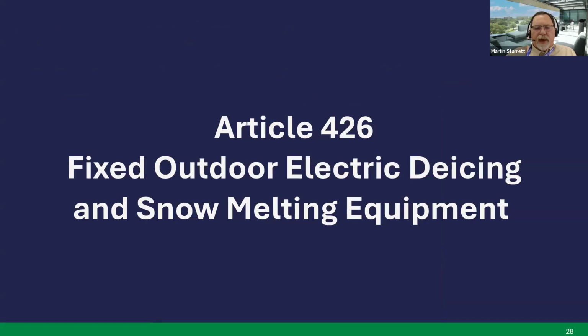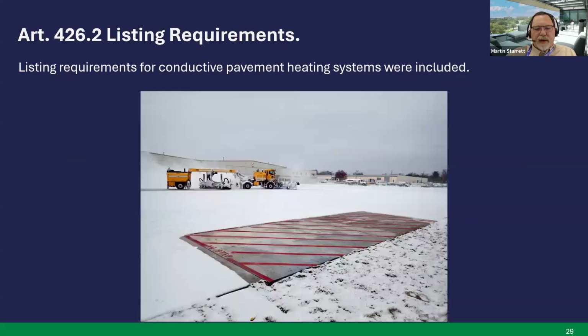Article 426, fixed outdoor electric de-icing and snow melting equipment, something we see here in Austin all the time. We get a lot of snow. Article 426.2, listing requirements for conductive pavement heating systems was included. This also was a new definition for a new technology.